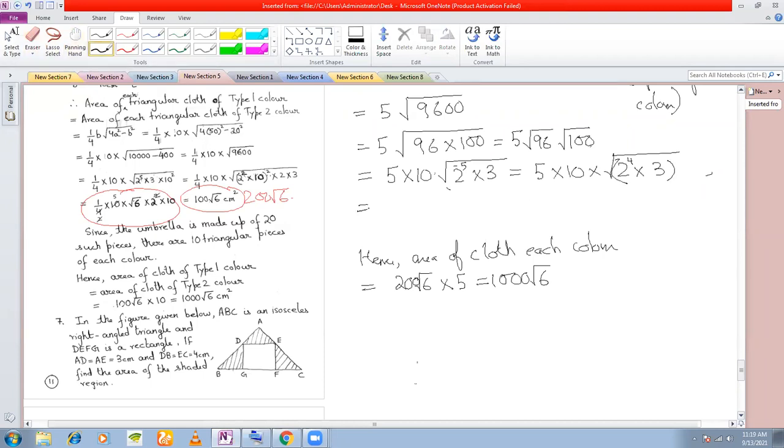So this will come to 5 into 10 into square root of 2 to the power of 4 into 3. Yes, this should come to 20 root 6. 200 root 6, sorry.